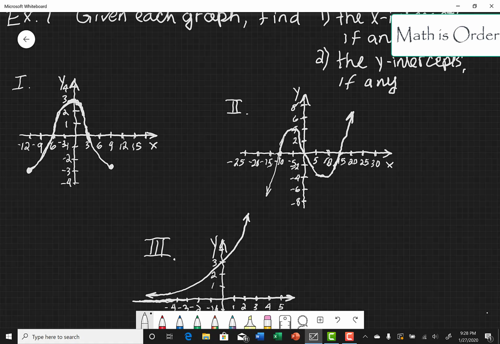We've got a graph and we want to find the x-intercepts. That is, we want to find the locations where the graph crosses the x-axis. So you can see that the x-intercepts are what?